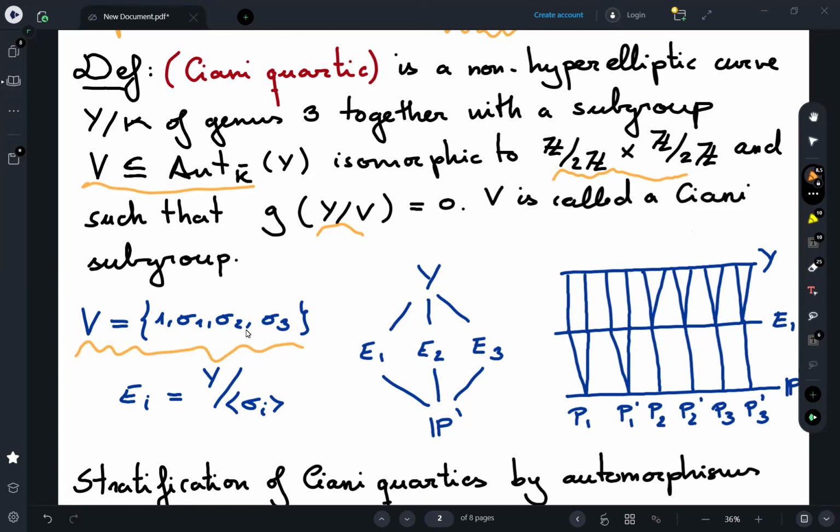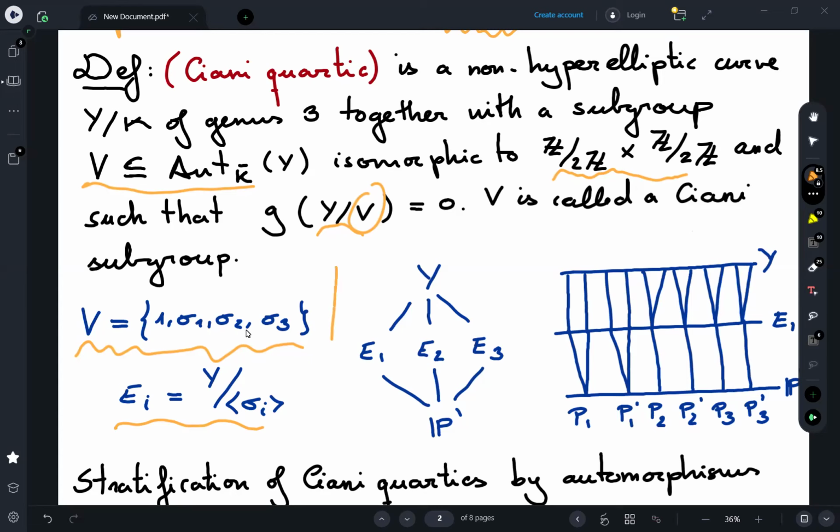in the subgroup. If you take the quotient, it can be checked that with these conditions, the quotient of the curve by each of these elements is actually an elliptic curve. Because if you take the quotient by all of them, then you get genus 0, but if you take the quotient by only one of the automorphisms, then you get an elliptic curve.